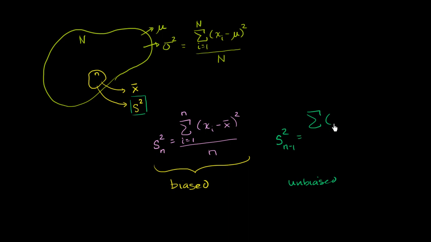We still take the same sum of the squared distances for each of the items in our sample, but we divide by n minus 1. And that n minus 1 is the best estimator of our population variance. Not n minus pi, not n minus 2, not n minus 0.5. It is n minus 1.